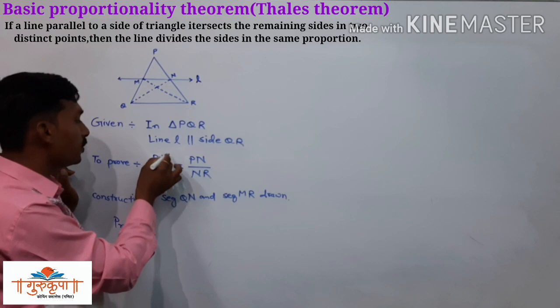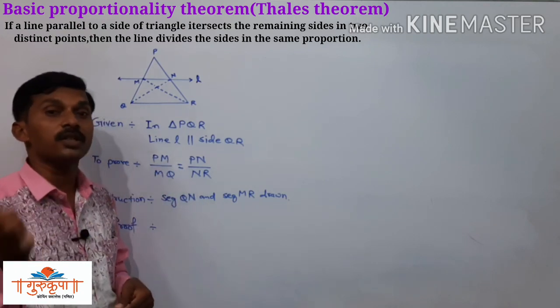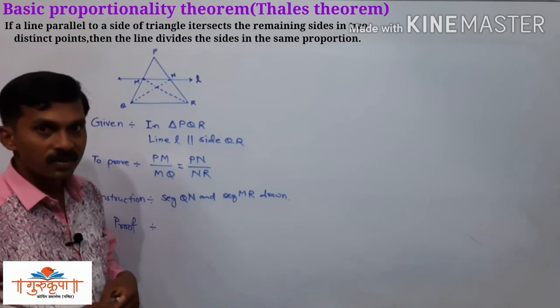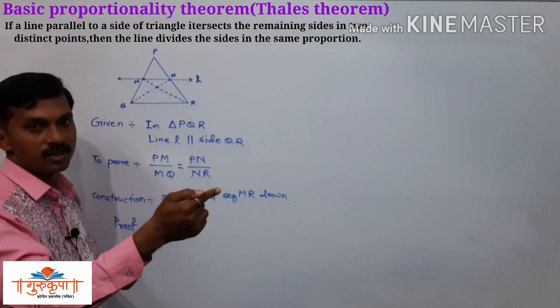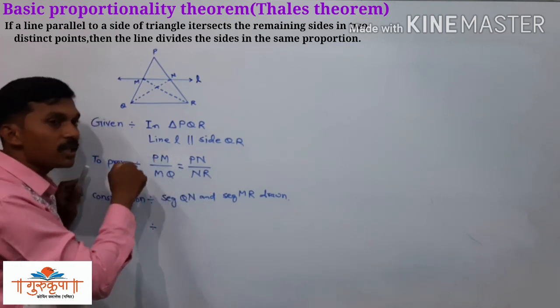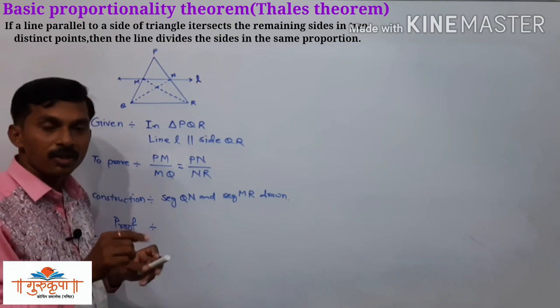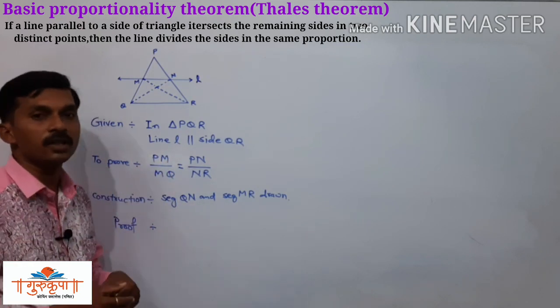And we know that when we get the ratio of the areas of two triangles is equal to the ratio of their corresponding bases, if and only if the two triangles have equal height, that is very important thing.